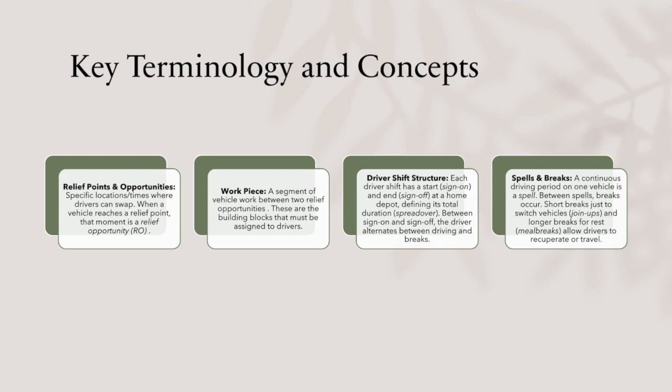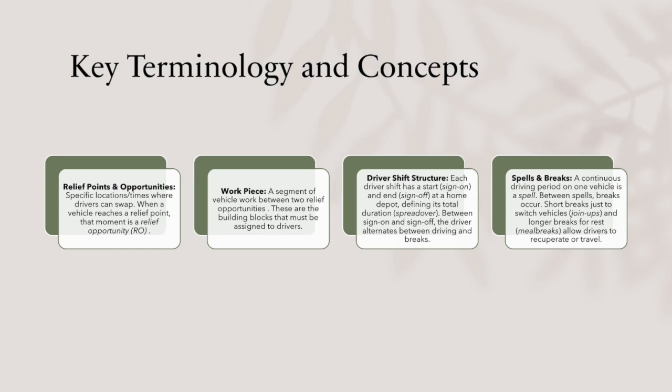So let's give an example for you to understand this better. Picture a Cardiff bus duty 415. Sign on is at 5:55 p.m. at the depot. Dead run 8 minutes to city center. Spell 1: drive route 17 to Ely. Join up break 6 minutes.